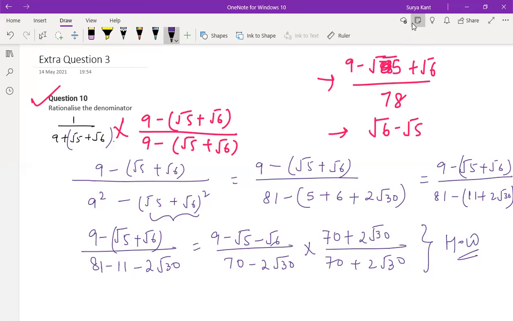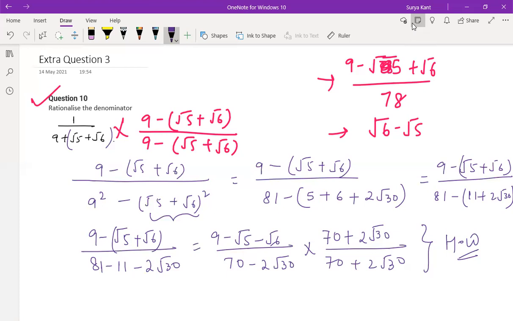So can you prove, children, that root 2 is an irrational number? All of you can prove? Yes, sir. How to prove root 2 is an irrational number?